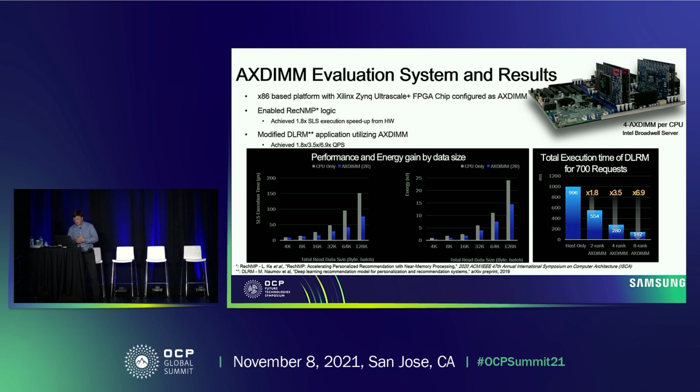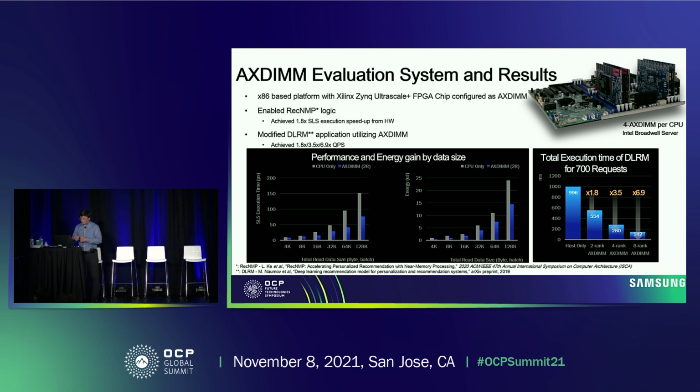What we did is that we enabled a personalized recommendation application, as well as a deep learning recommendation model using AXDIMM. And as you see here, with a 2-rank AXDIMM, we attained a performance of 1.8x.